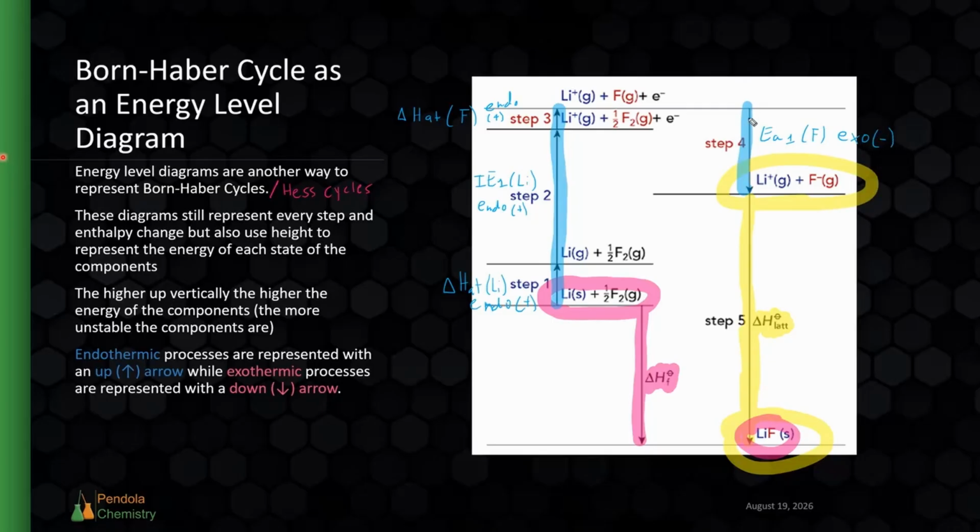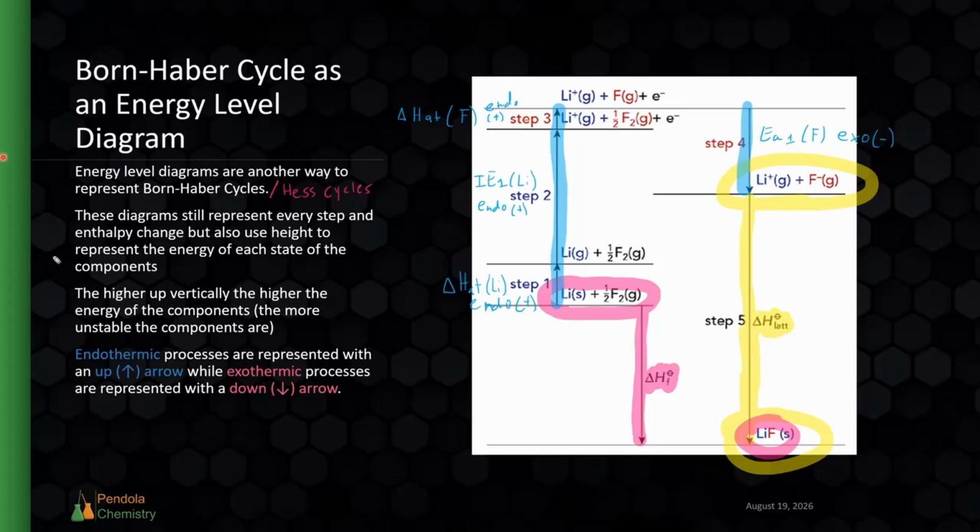It is negative, and that's why that arrow now points down. So notice, this is that delta H1 right here. Atomization of lithium, ionization of lithium, atomization of fluorine, ionization of fluorine. But one of those steps, the ionization of fluorine, the electron affinity is negative, and so that points down.